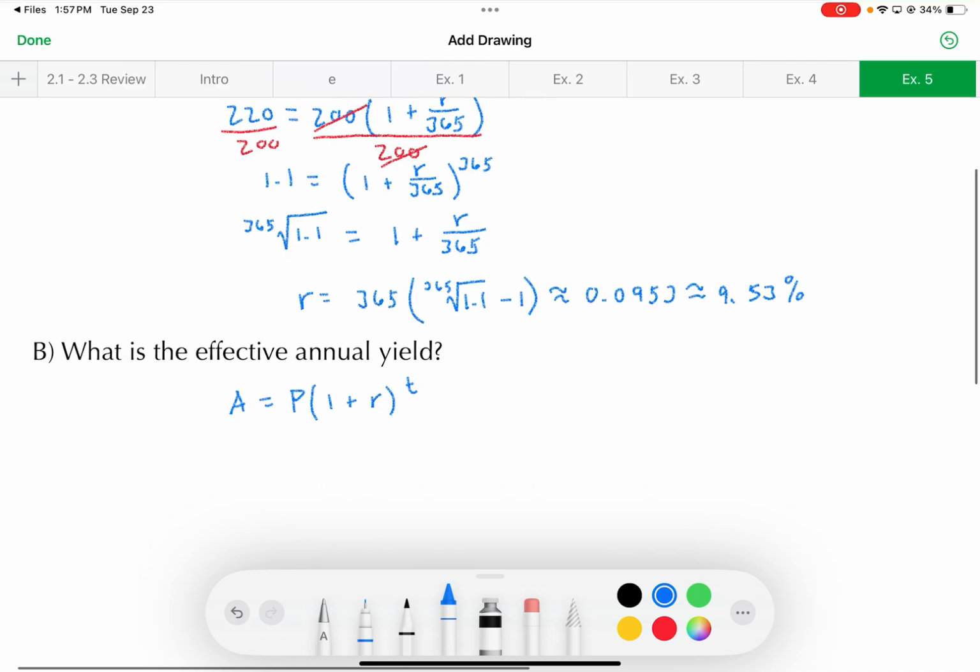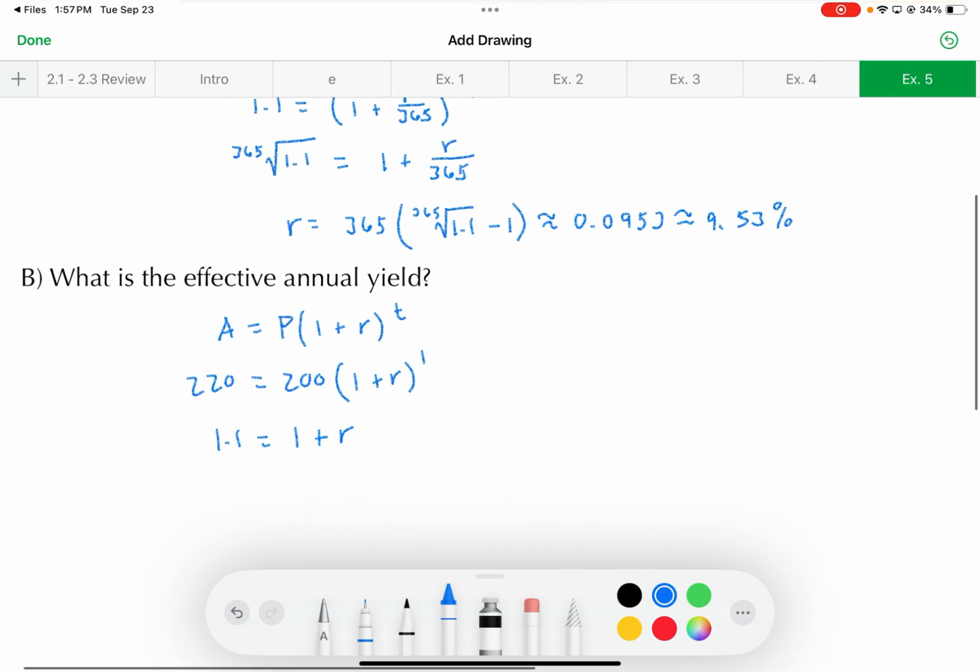And we could solve this for R. So 220 equals 200 times 1 plus R to the first power. Divide the 200 over, you'll get 1.1 is equal to 1 plus R. Subtract the 1, R equals 1/10 or 10%.